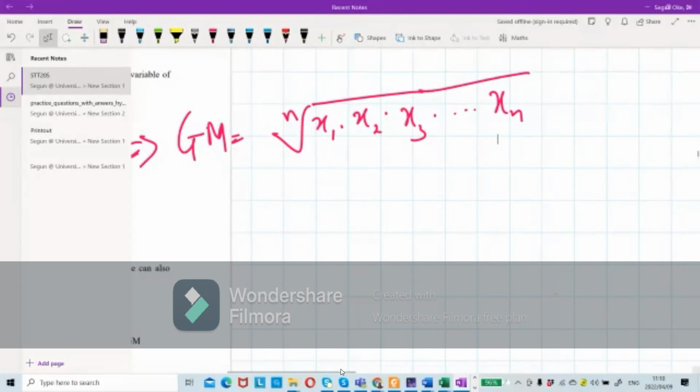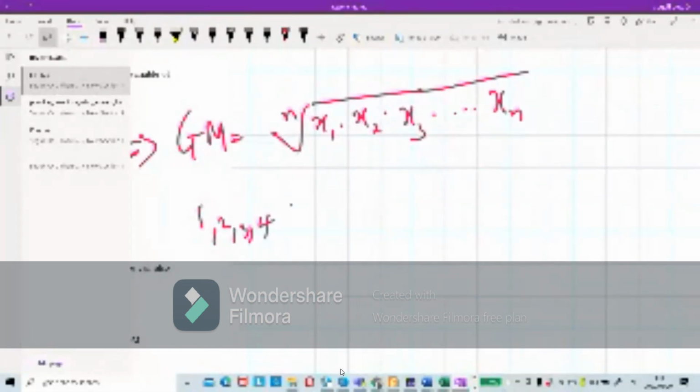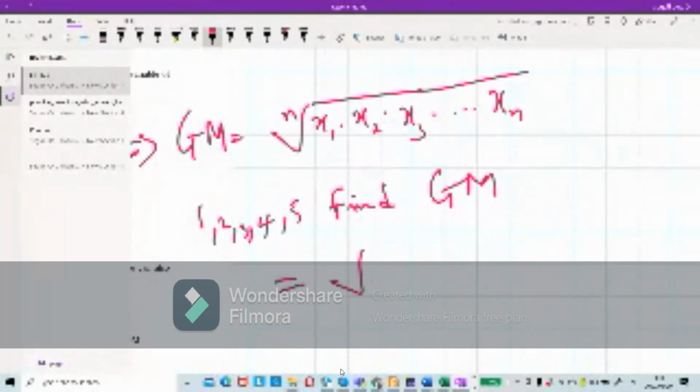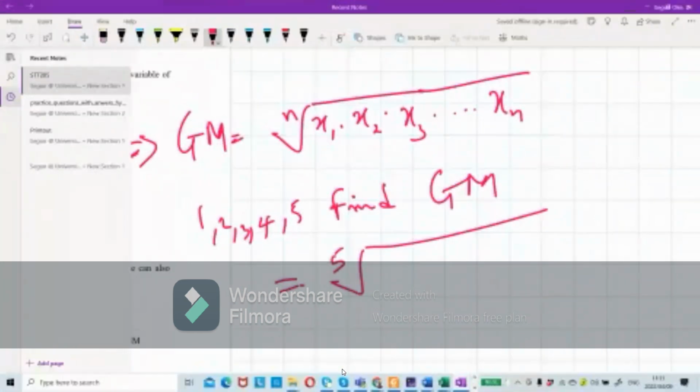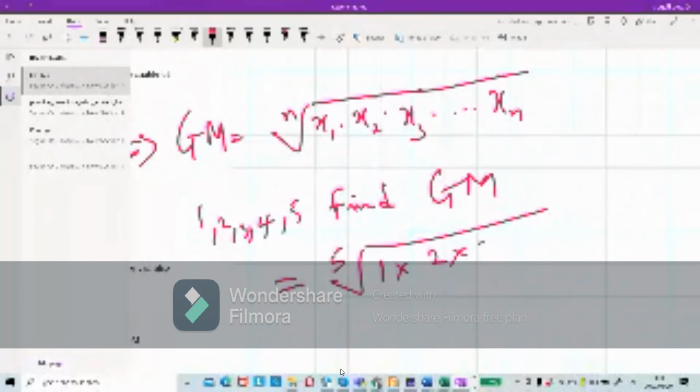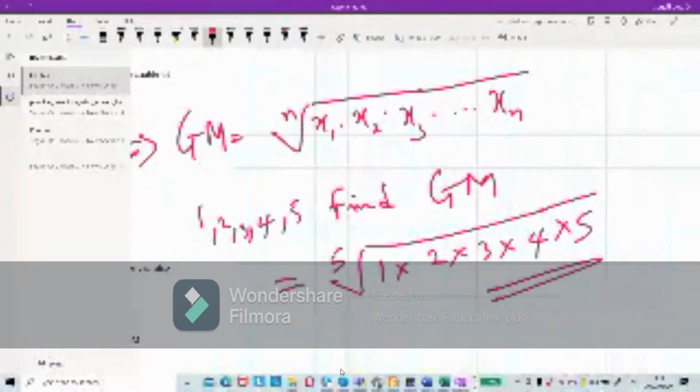For example, if I give you 1, 2, 3, 4, 5 and I ask you to find the GM, geometric mean, it's simple. How many numbers do I have? 5. It means my n equals 5. I can now do 1 multiplied by 2, multiplied by 3, multiplied by 4, and multiplied by 5. What's the answer?